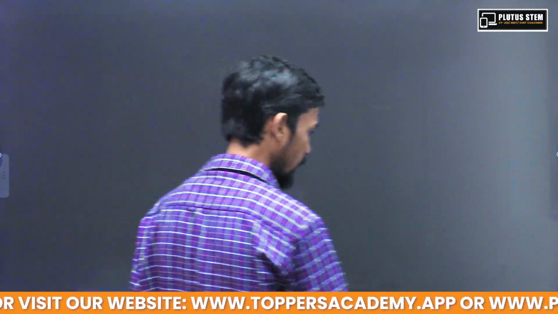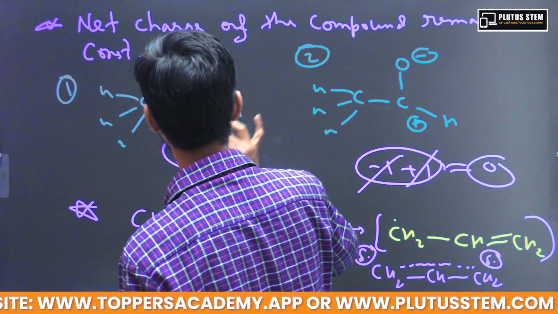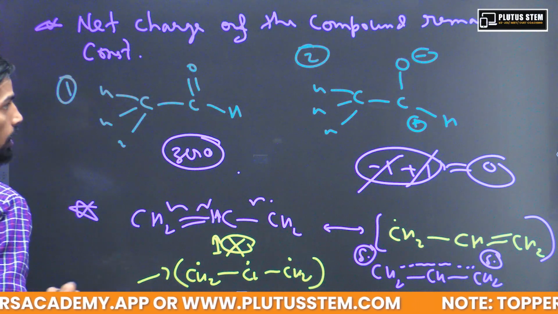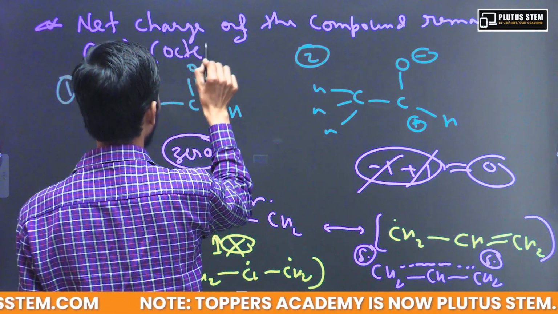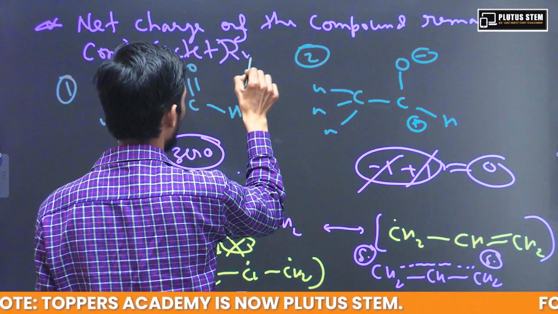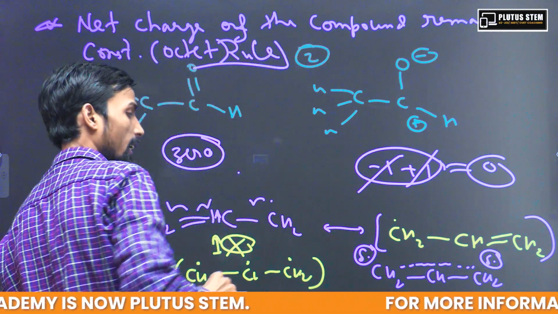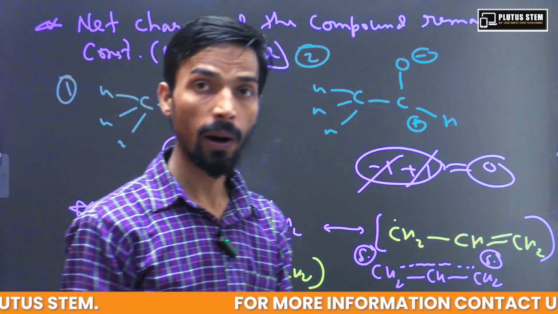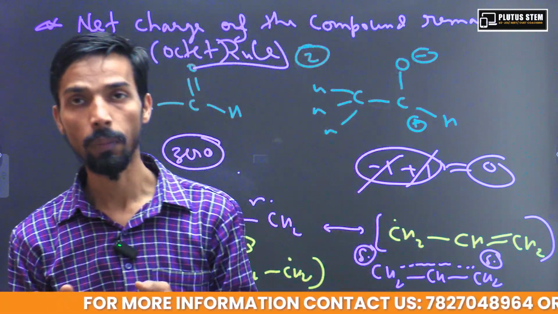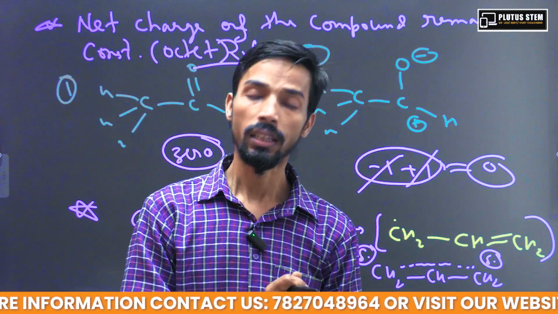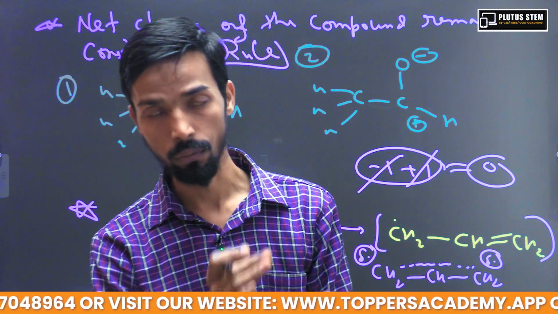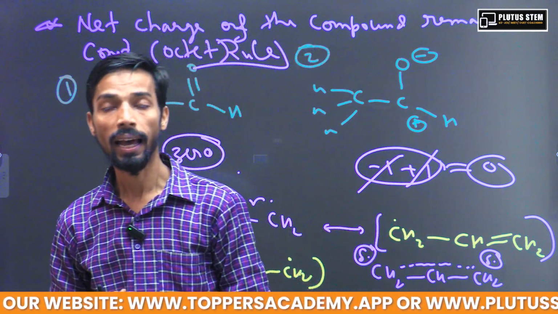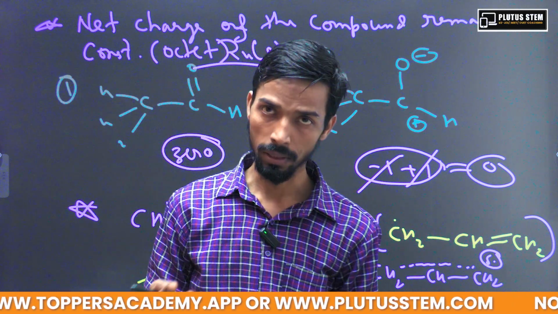And one more thing I will tell you over here only, the octet rule must also be in consideration. Those compounds that belong to the second period, like carbon and nitrogen, must not exceed their valency of 4, because they do not have orbitals with energy quite similar to the p orbital.